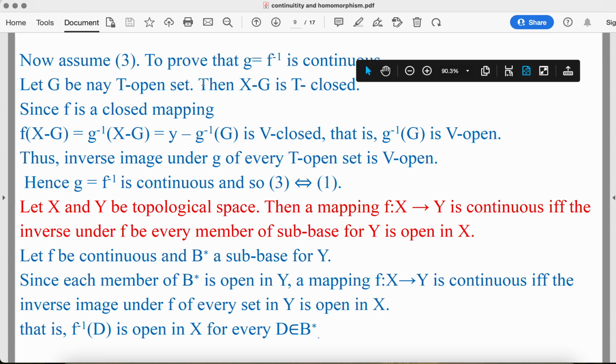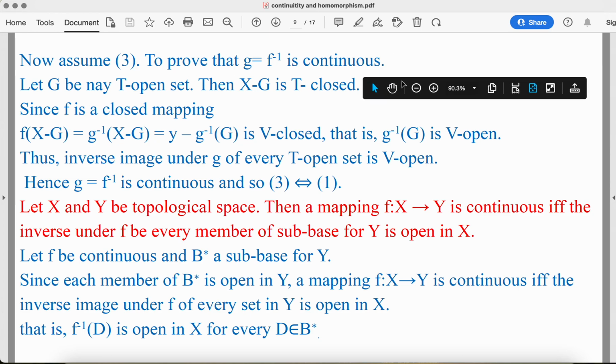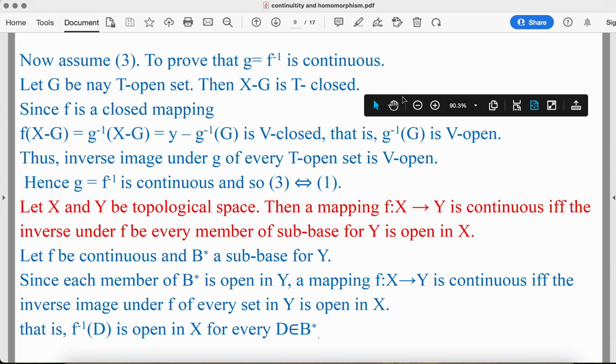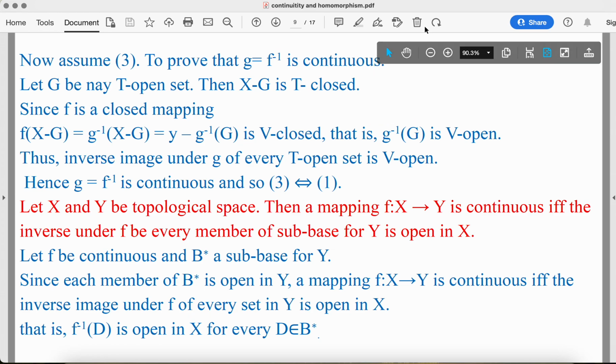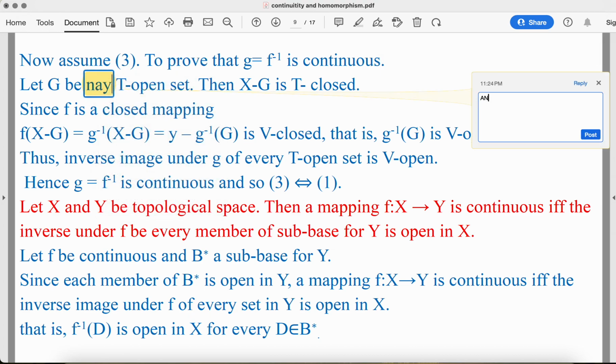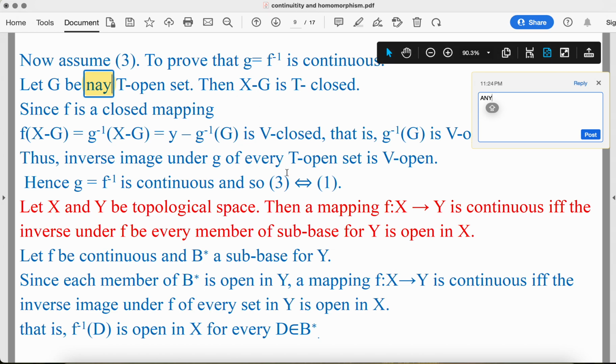Now assume 3. Now we will prove that g equal to f inverse is continuous. Let G be any T open set.